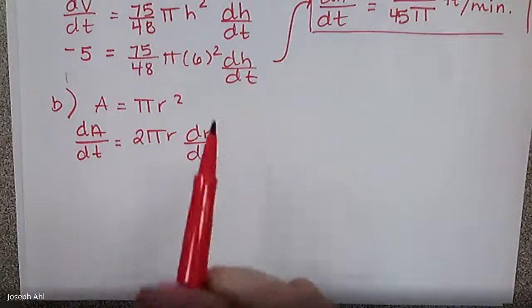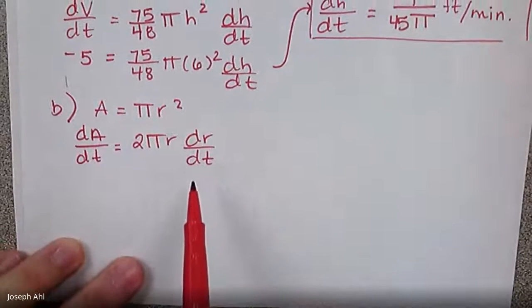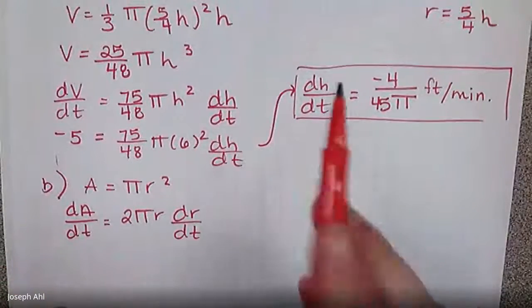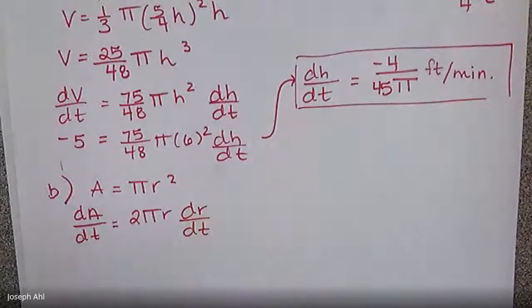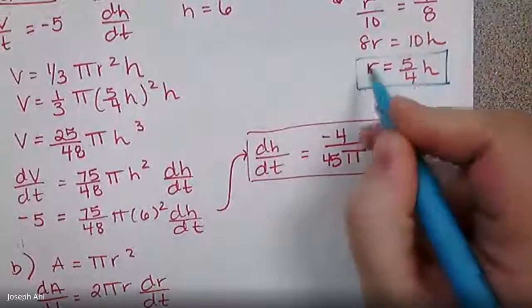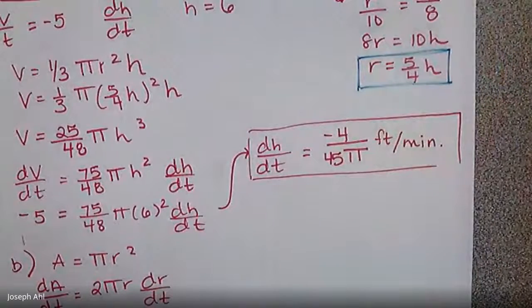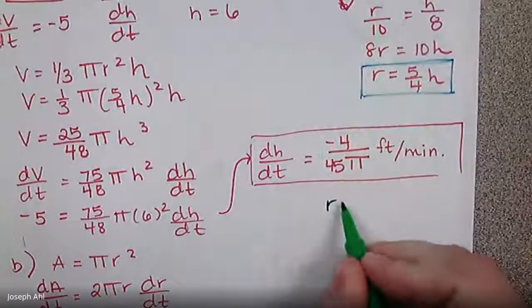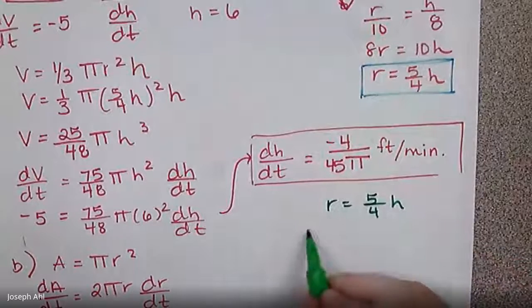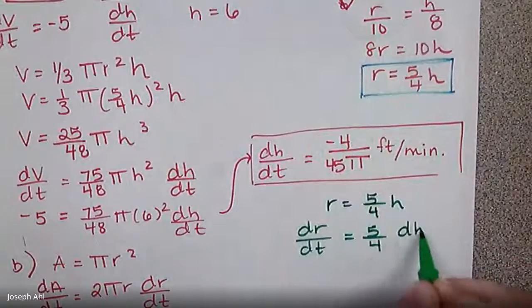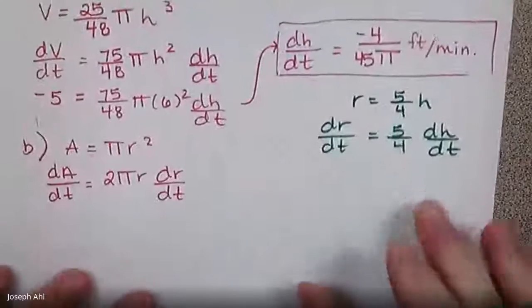So we have a slight issue here in that we don't know dr/dt. We just did some really good work to find dH/dt, but go back to a few moments ago, when we knew that the radius is 5/4 the height. So based on that relationship, I think we can easily establish dr/dt right here by saying, hey, if the radius is 5/4 the height, then dr/dt is equal to 5/4 dH/dt.